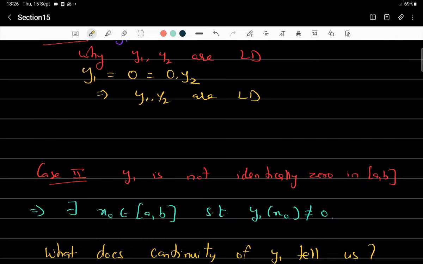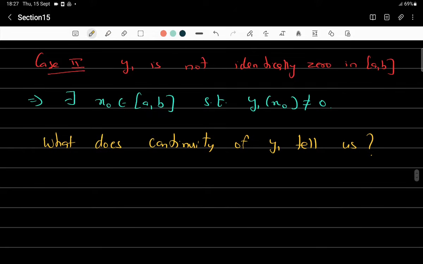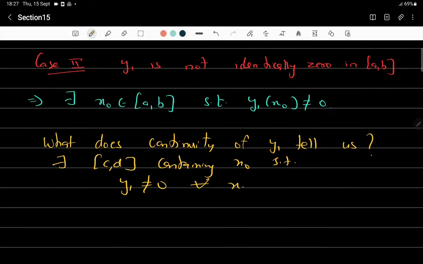It tells us that there would be a small interval containing x0 where y1 is non-zero. So there exists an interval CD containing x0 such that y1 is not equal to 0 for all x belonging to CD.